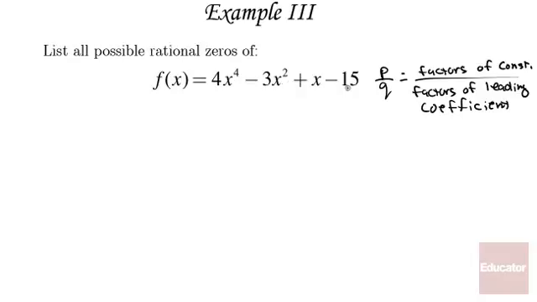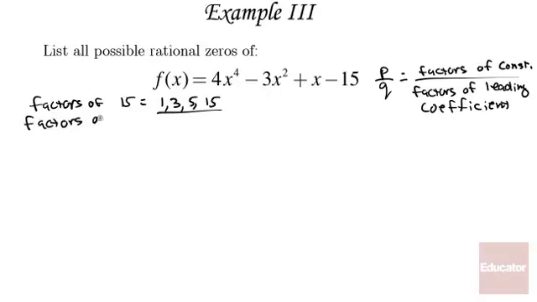So what this is going to give me is 15: 1, 3, 5, and 15 over factors of 4: 1, 2, and 4. So I need to figure out all these possibilities and use positive and negative for each.